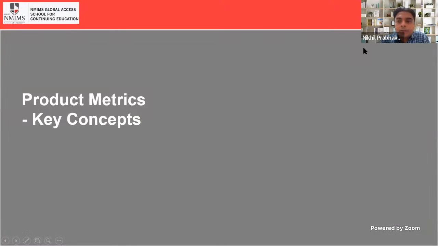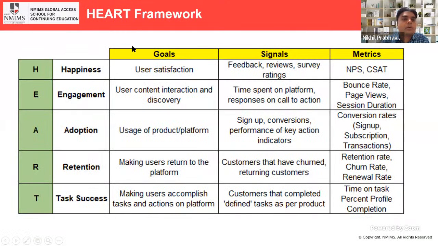Now, apart from Google Analytics, there are also certain concepts with respect to defining KPIs. There is a framework from Google itself about capturing data in a structured way, particularly using digital channels. This is the HEART framework, developed by Google.